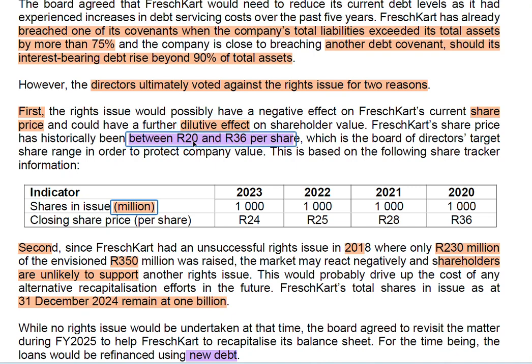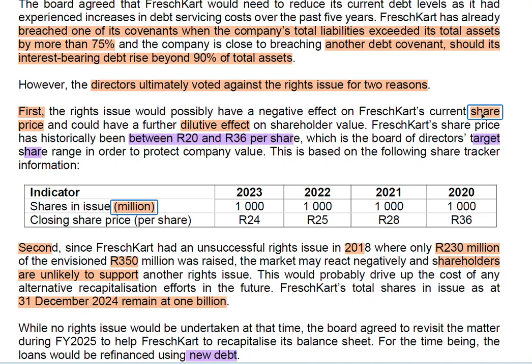And then what they're saying is that the historical share price has been 30.20 to 36. So that is their target. So basically this is what they want it to be. So if the shares go below this, then it will be outside the target range. So the rights issue, we know for sure, will affect the share price.